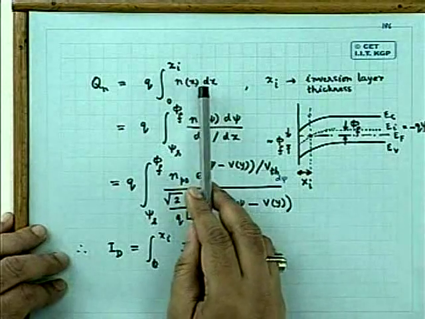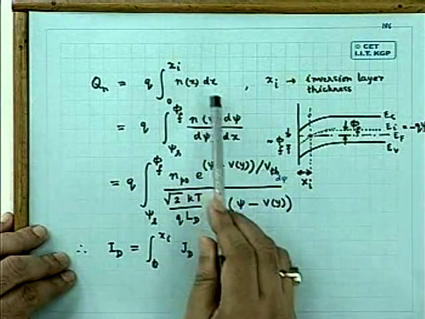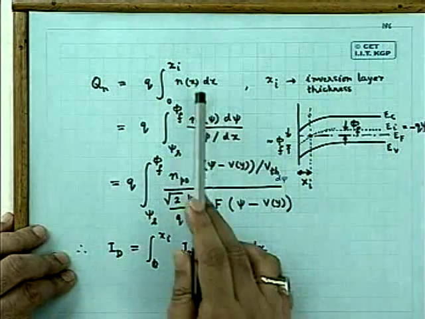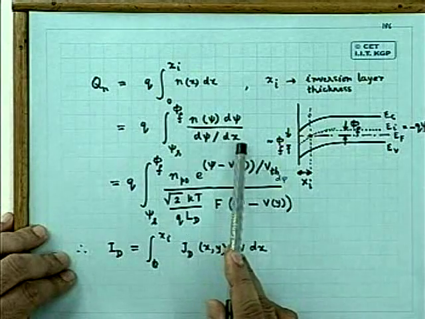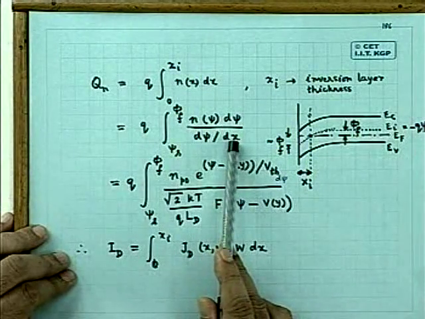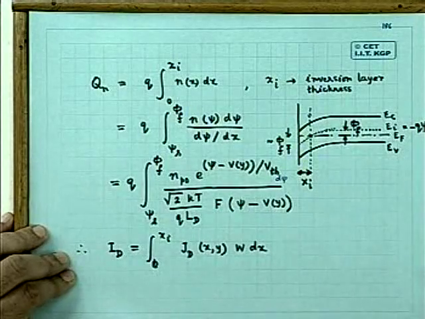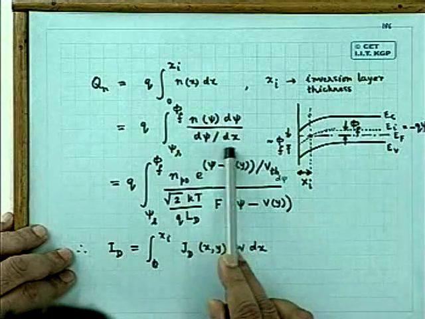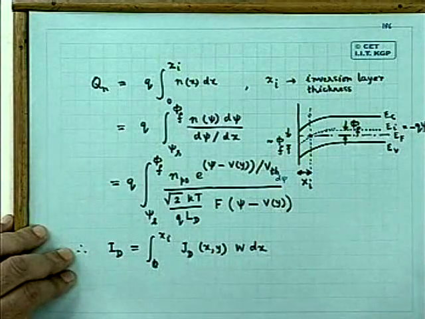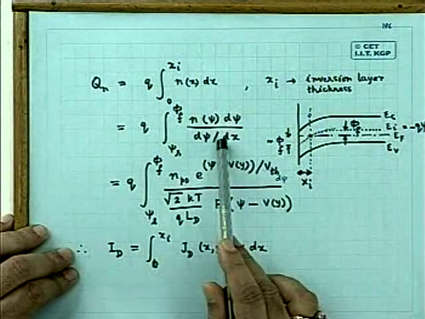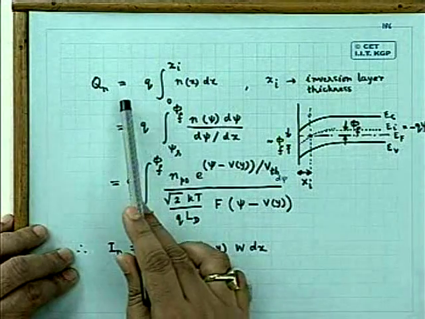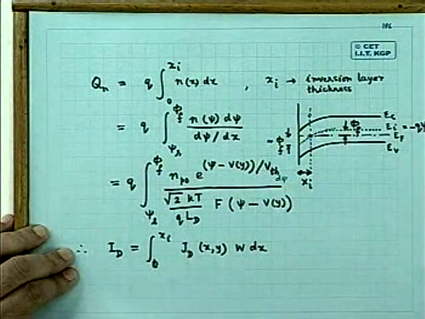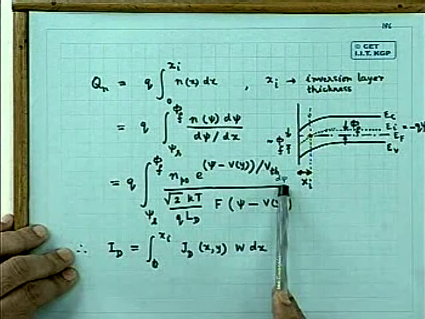Converting the integration from space to potential, we use this equation. So we put d psi dx in the denominator, and in the numerator d psi. After cancellation, you see that it becomes the same. Because we had an expression for d psi dx, which we derived earlier, substituting that here, we really are making a transformation from integration over space, over distance, to integration over psi, over potential.